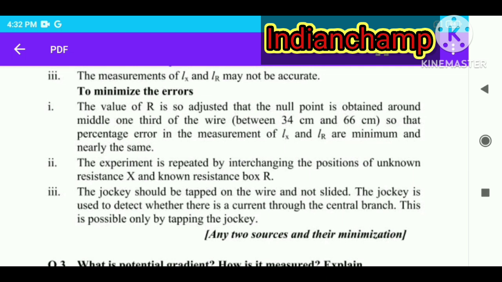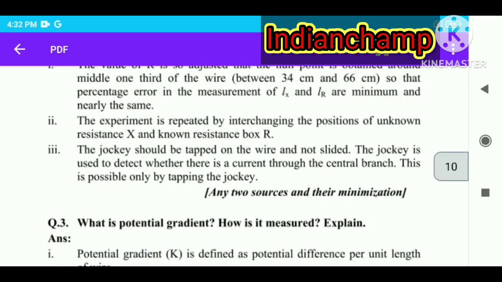Second, the experiment is repeated by interchanging the positions of the unknown resistance X and the known resistance box R. Third, the jockey should be tapped on the wire, not slid. The jockey is used to detect whether there is current through the center branch. This is possible only by tapping the jockey.